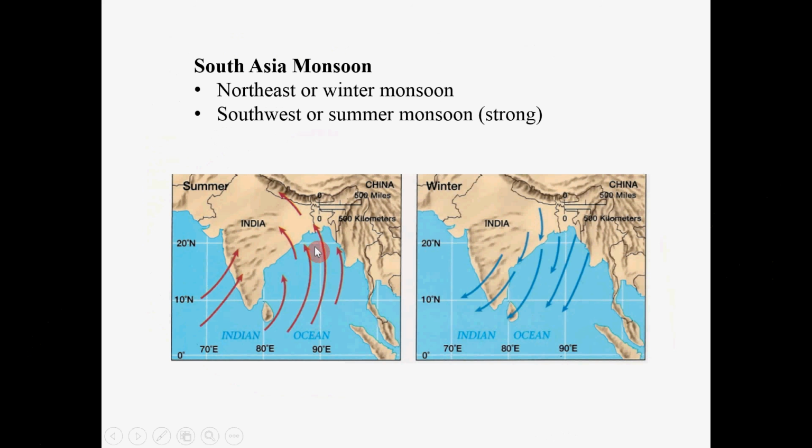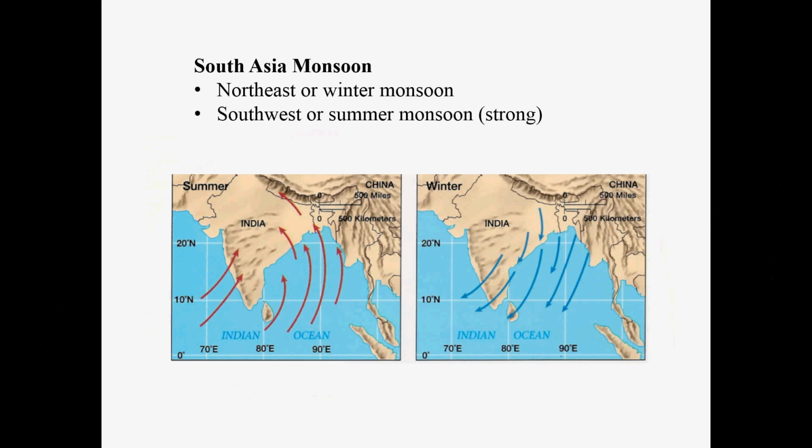The winter monsoon in South Asia is not very strong because the wind blows from the land toward the ocean. The wind does not carry a whole lot of moisture. In addition, the temperature on land is not that low. So it does not generate very low temperature, does not generate a whole lot of precipitation, so it does not have a whole lot of dynamics on the regional basis.